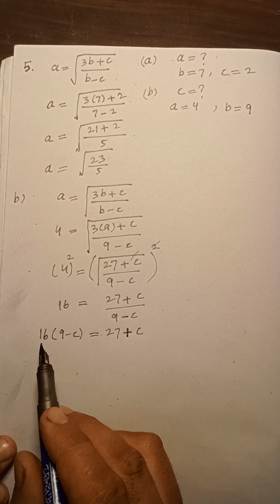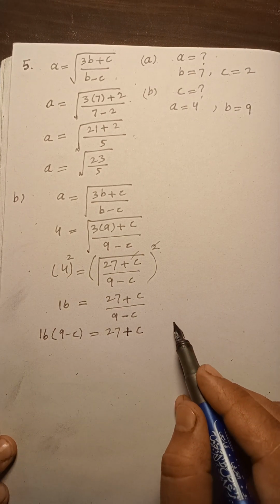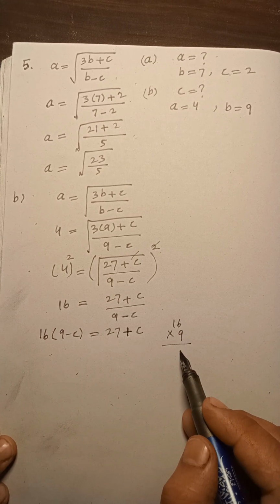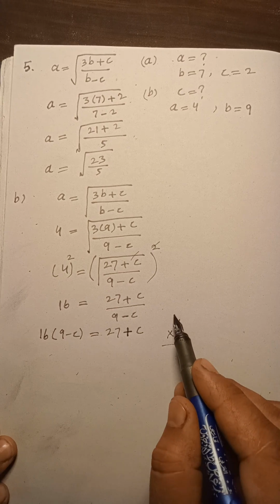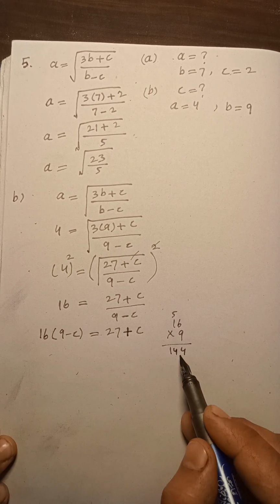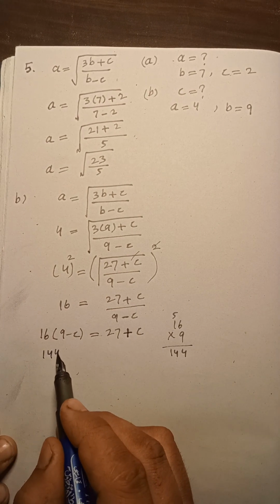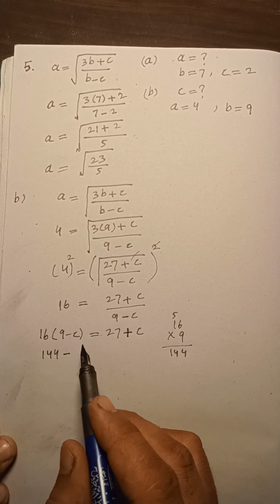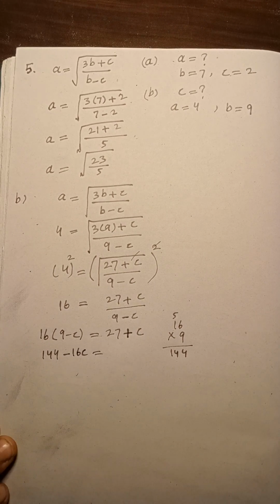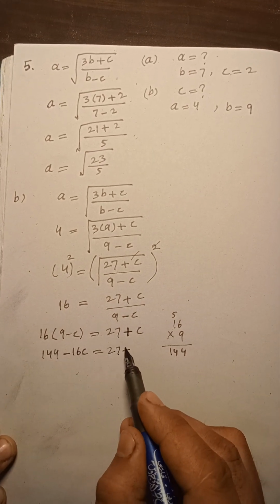First remove this bracket. 16 times 9: 6 nines are 54, 4 here, 5 carry, 1 nine is 9, and 5 is 14. So 144. Then 16 multiplied by c is equal to 16c, equals 27 plus c.